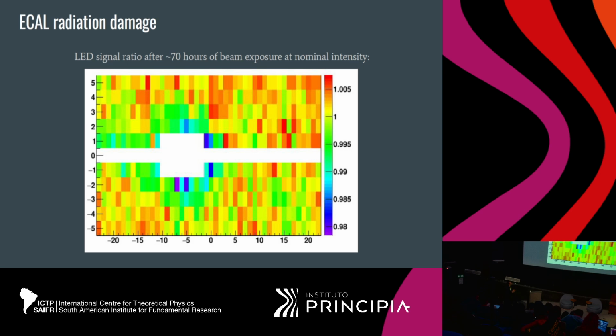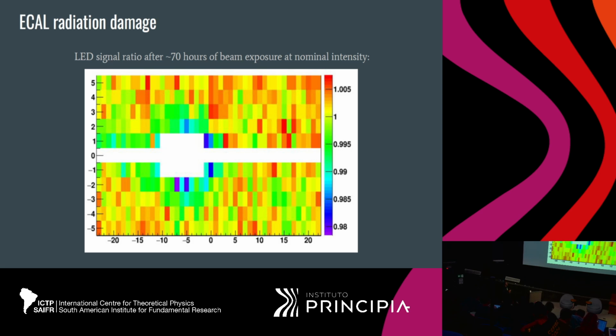So this plot here shows for each crystal of the calorimeter the ratio between the amplitude of the signal caused by a light pulse produced by a LED in the crystal before and after 70 hours of exposure to the beam in the nominal operational intensity of HPS.